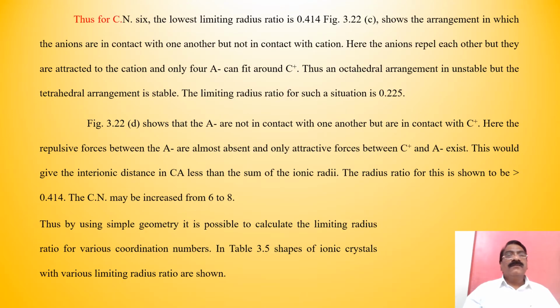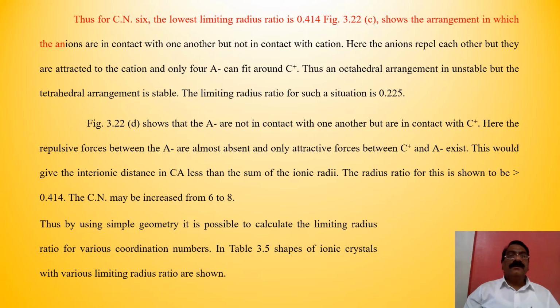Thus, for the coordination number 6, the lowest limiting radius ratio is 0.414. The above figure shows the arrangement in which the anions are in contact with one another but not in contact with the cation.